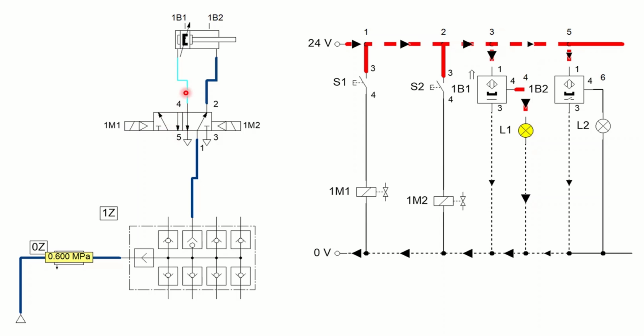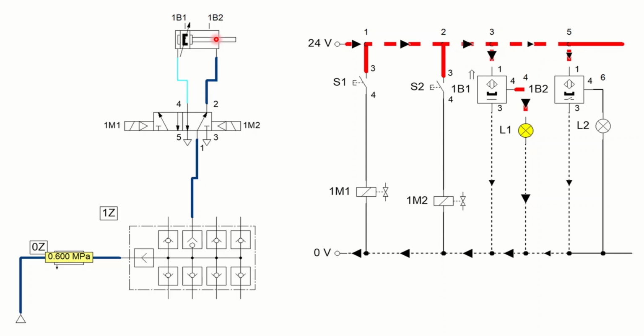Air will pass through this arrow and then this line, getting inside this double acting cylinder, and the pressure builds up the force needed to push the piston towards the fully advanced position, and it reaches the fully advanced position.